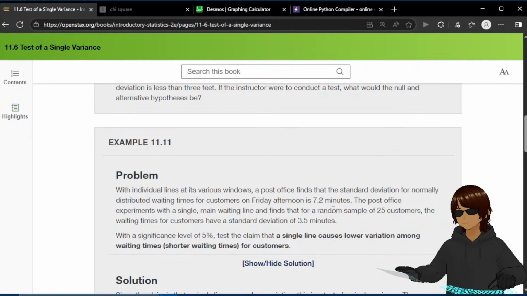So the standard deviation for normally distributed waiting times on Friday afternoon is 7.2 minutes. On a random sample of 25, the standard deviation was 3.5 minutes.